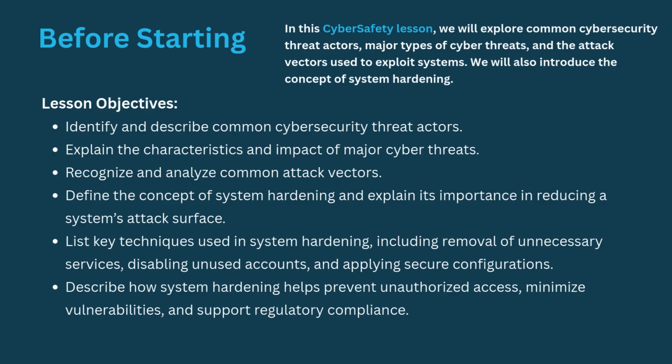We'll also introduce system hardening, which involves strengthening your systems by closing security gaps. You'll discover practical hardening techniques like disabling unused accounts, removing unnecessary services, and applying secure settings. By understanding and applying these concepts, you'll be able to help prevent unauthorized access and support compliance with cybersecurity regulations.